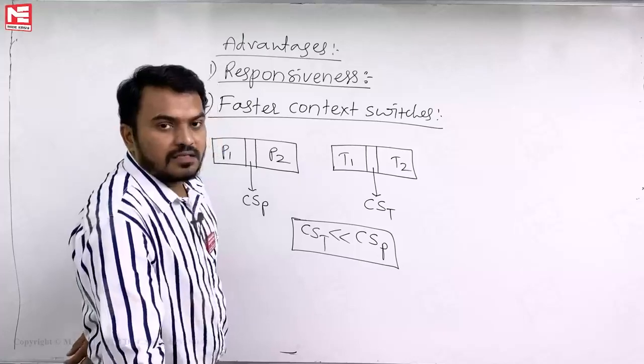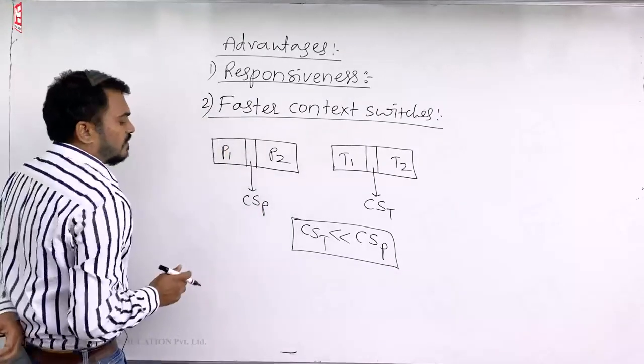Is that clear? Right. So that is faster context switches.